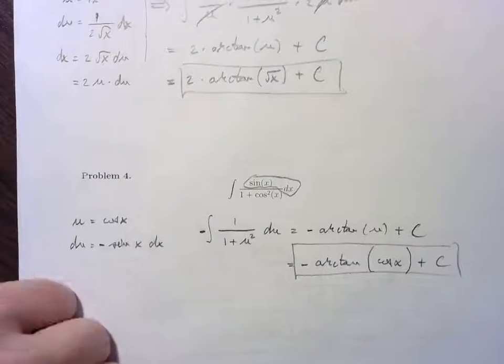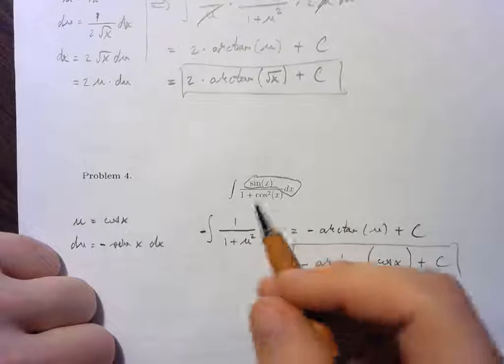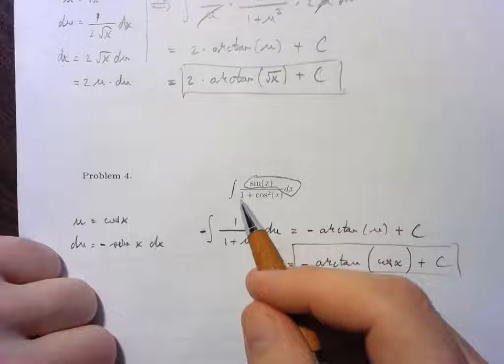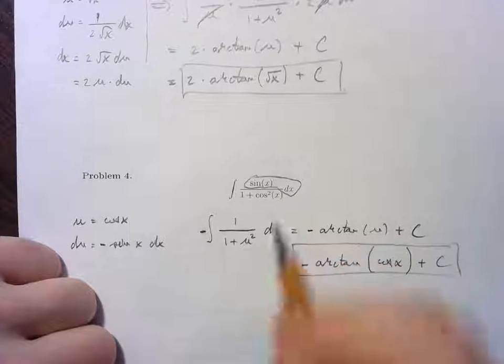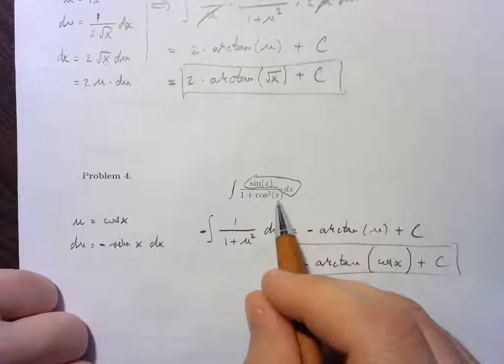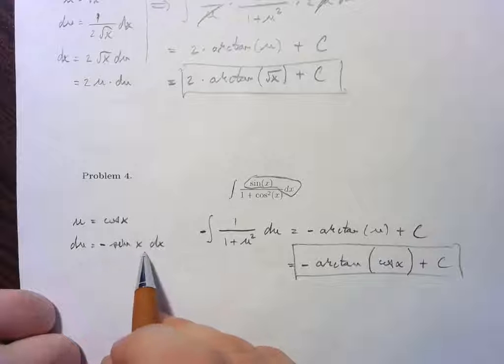Next, we have problem 4. This one now involves some trig functions, but the thing to notice is that I have 1 plus something squared on the bottom, right? So that automatically tells me that I should let u be cosine of x, which makes du be negative sine of x dx.